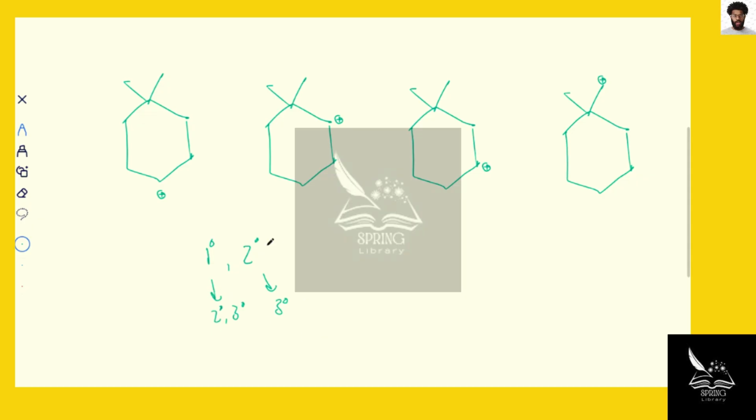Carbocation rearrangement will only help it happen if it would increase the substitution of the carbon with the positive charge. The other thing we need to do is neighbor. We need to neighbor a hydrogen or a methyl, right? There has to be something that can swap places with the carbocation.